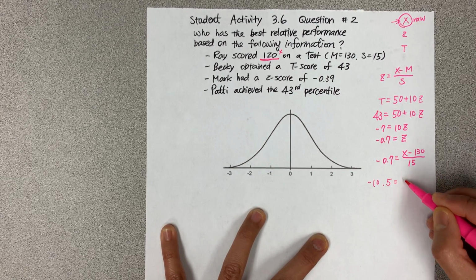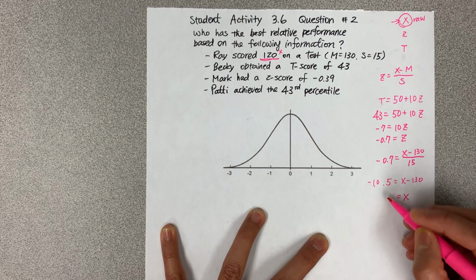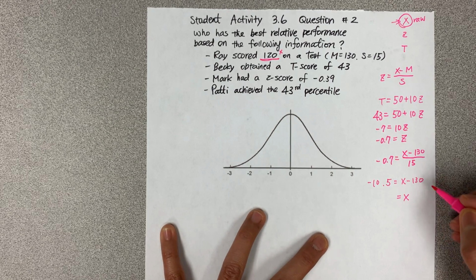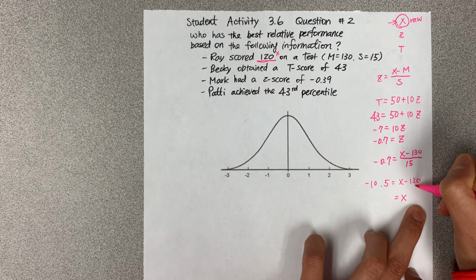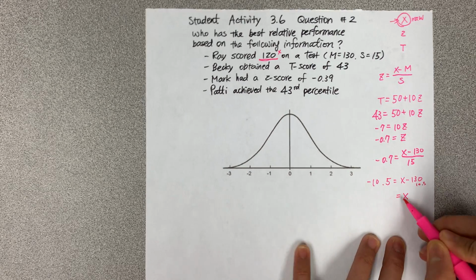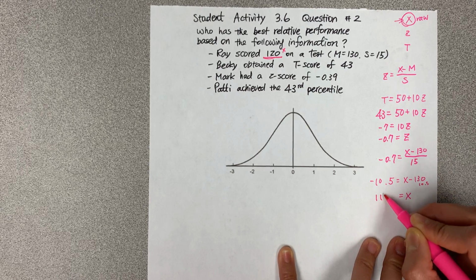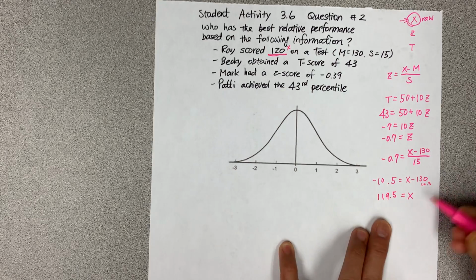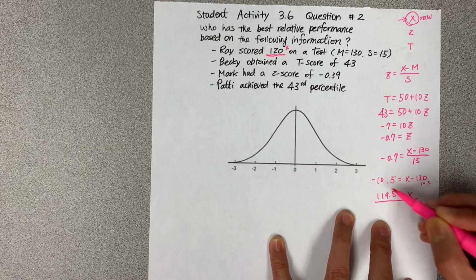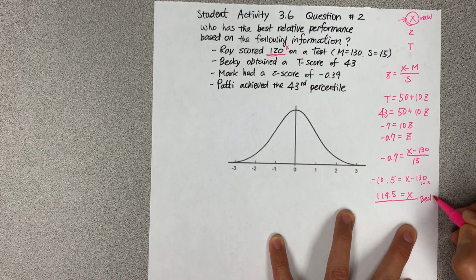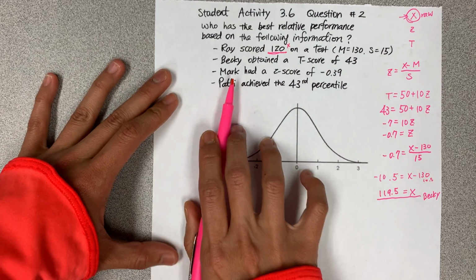So let me work that out. x minus 130 is -10.5, so x is 119.5. So the raw score is 119.5. Becky scored 119.5.